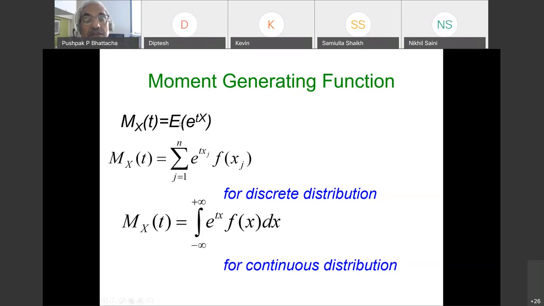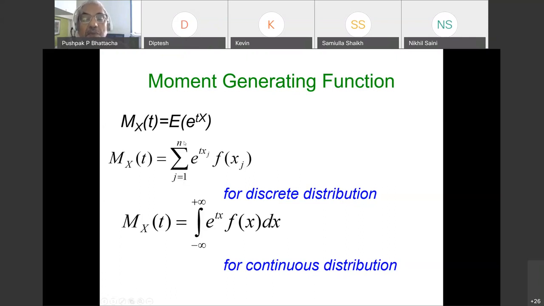Now, the expectation of a quantity is defined as the probability mass function times that random variable, with j going from 1 to n, where j varies over all possible values of xj. So the random variable here is capital X. It takes values small x1, small x2 up to small xn.